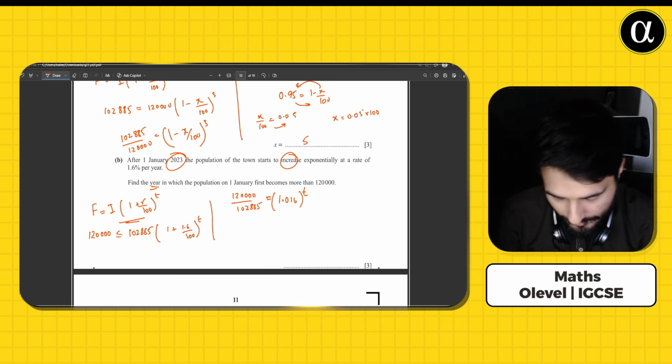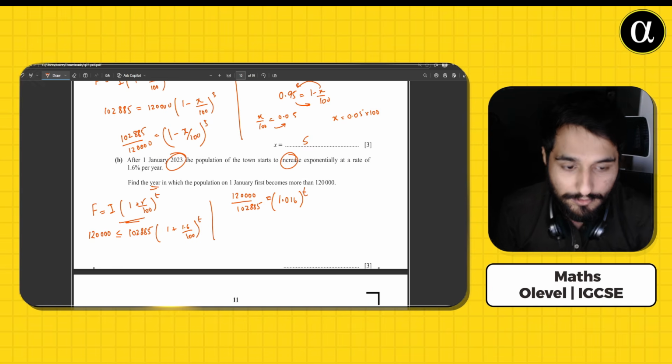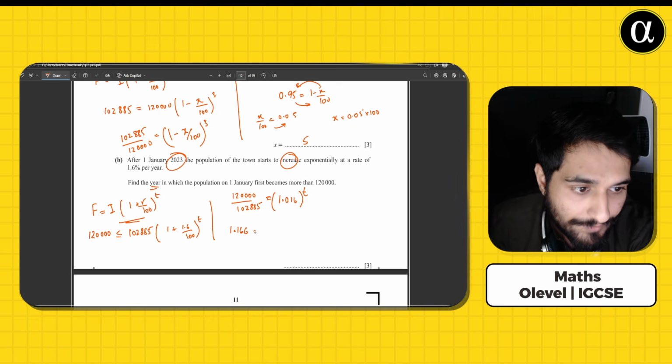For this case, 120,000 divided by 102,885 turns out to be 1.166, which is equal to 1.016 to the power T.